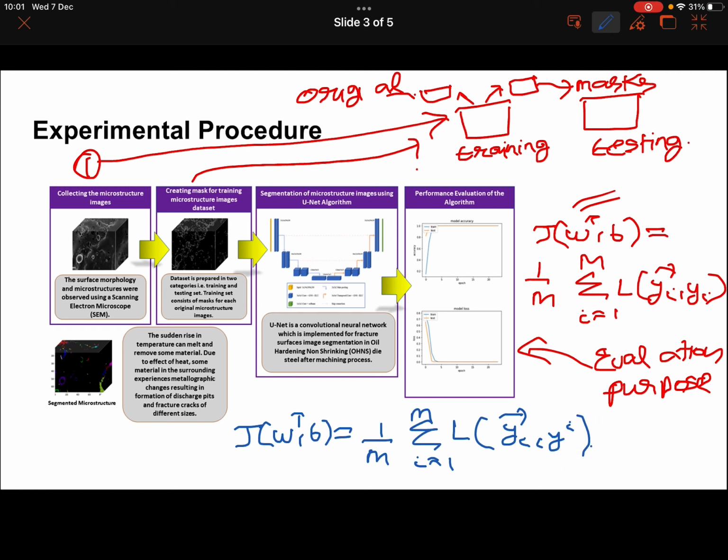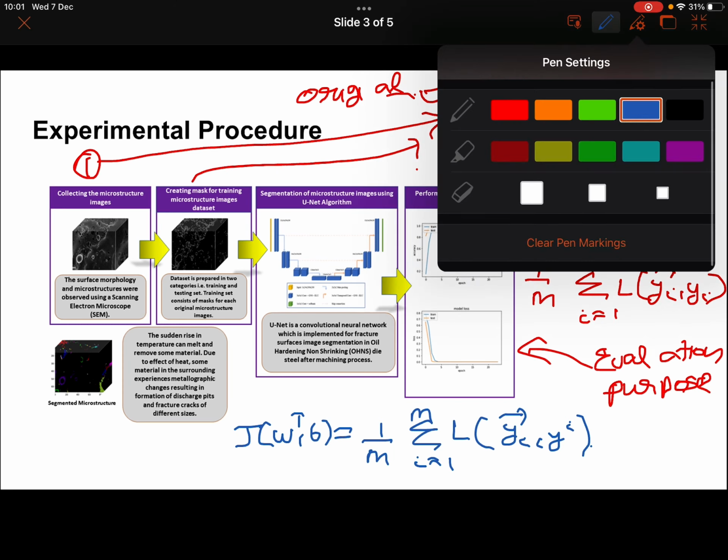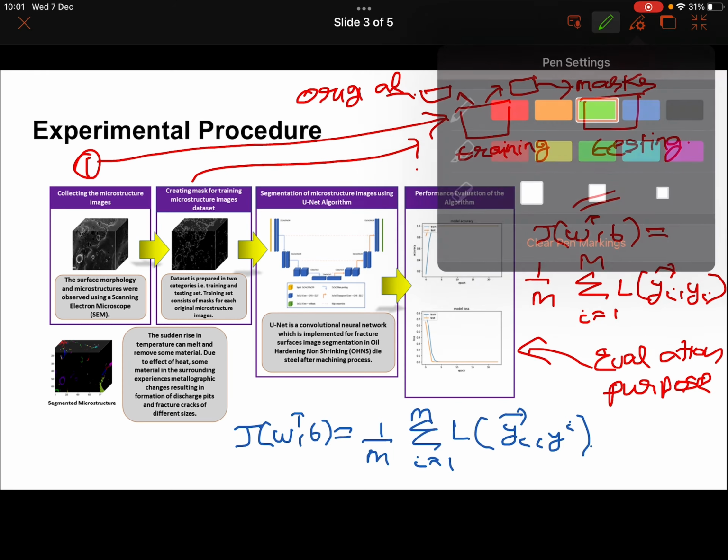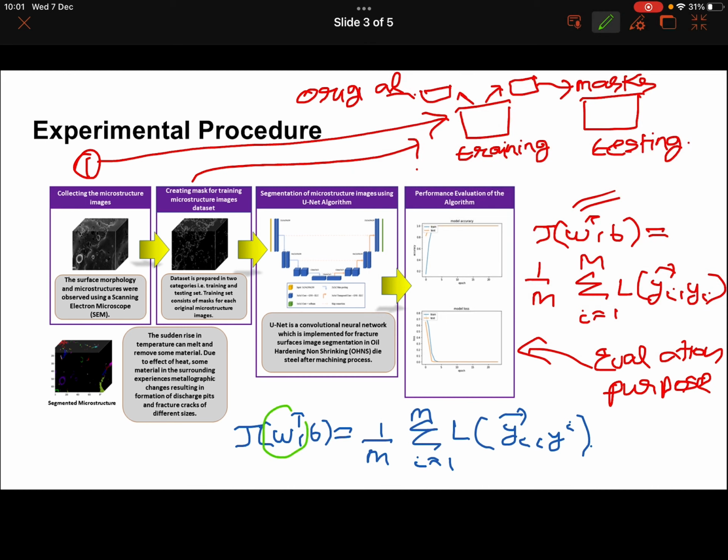Here we discover the weights, this is the weights, this is the bias, that minimize the magnitude of J after adjusting the hyperparameters to minimize the average loss, which is indicated in this equation.